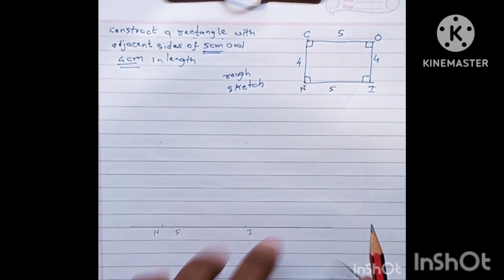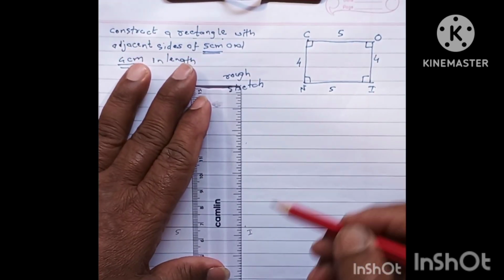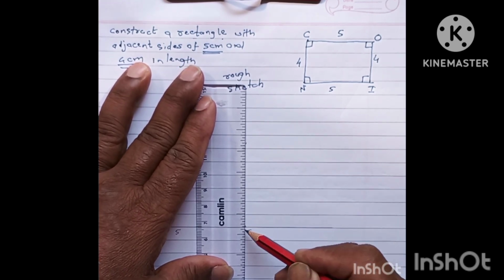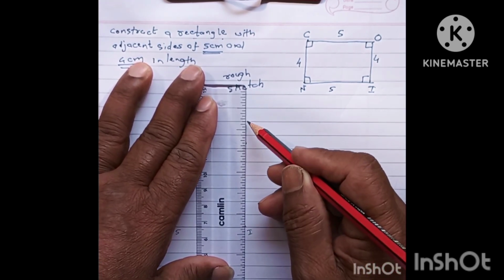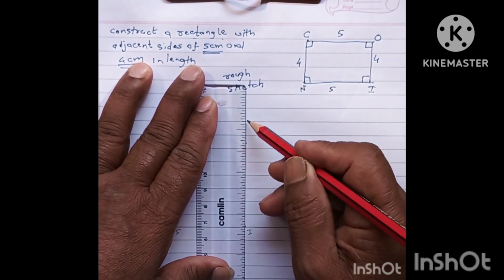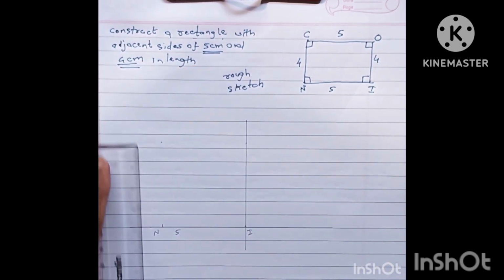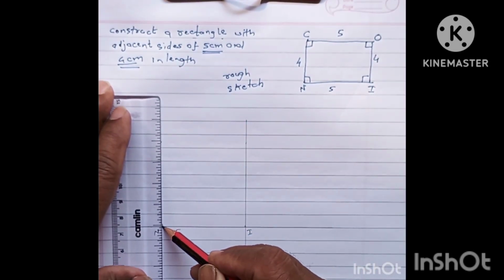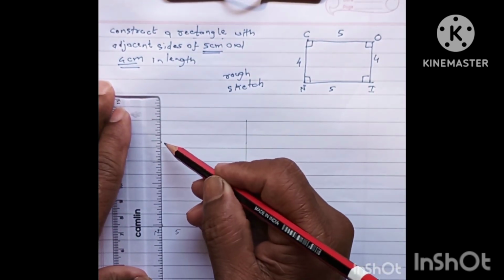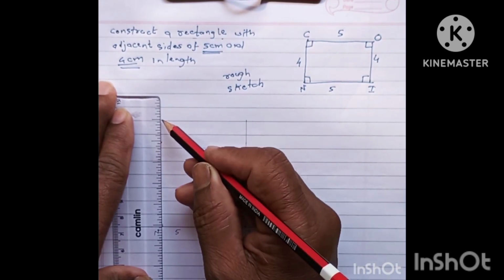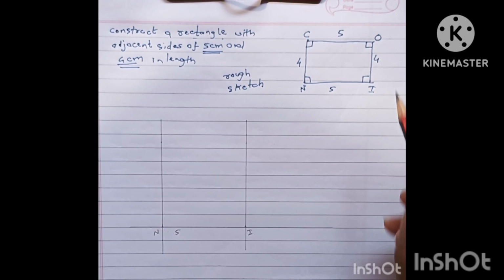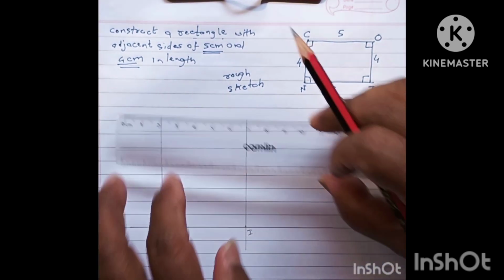When these points are joined, that line will be at 90 degrees to NI, and even this line will be at 90 degrees to NI. So your C and O lie on these points, at a distance of 4 centimeters from N and I respectively.